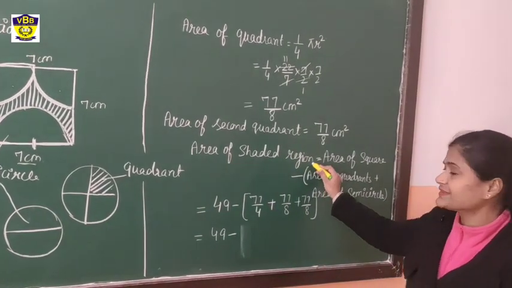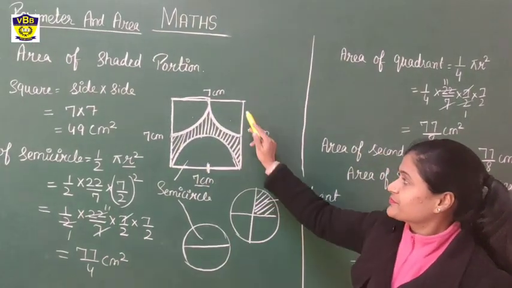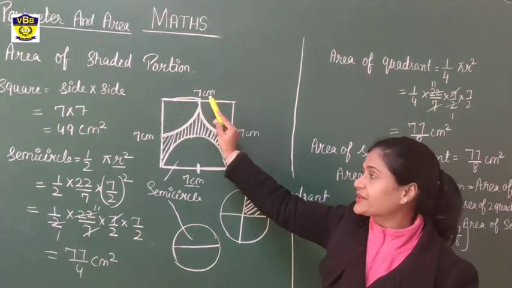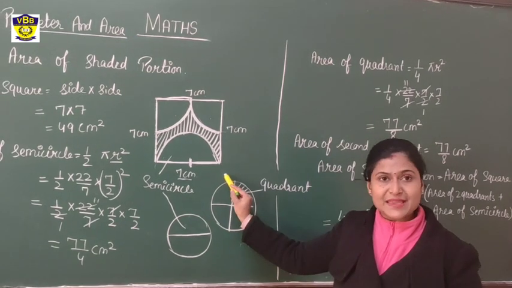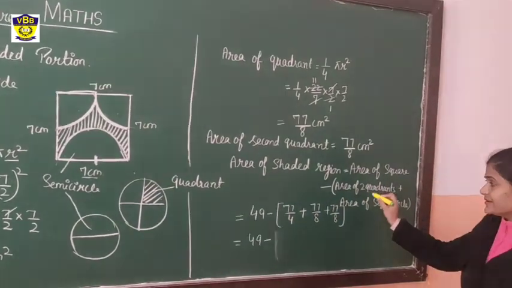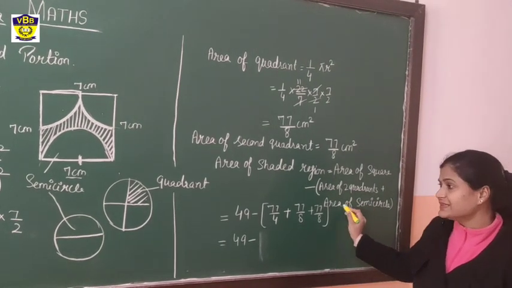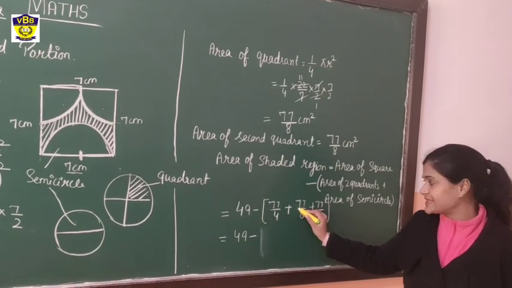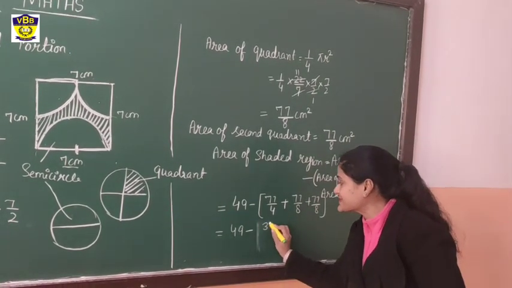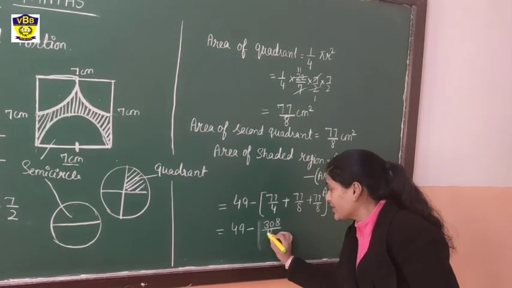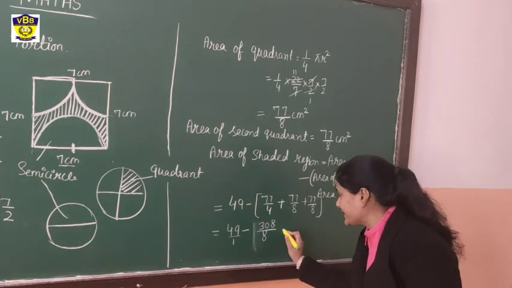Area of the shaded region is equal to the area of the complete square. From this area, we will subtract the quadrant areas, and add the area of the semicircle. So we are writing all these terms here. 77 by 4 for the area of the semicircle. Area of quadrants are 77 by 8, 77 by 8. When we solve this term, this is 308 by 8. Taking an LCM, because when they are in fractions, we solve by taking an LCM.